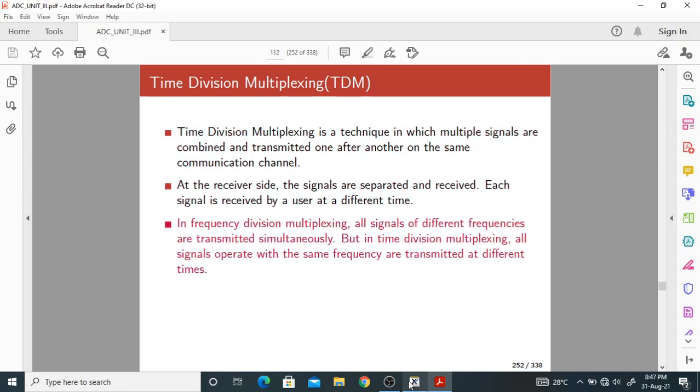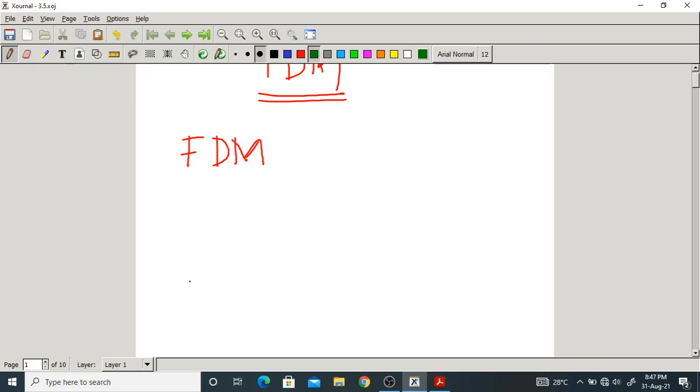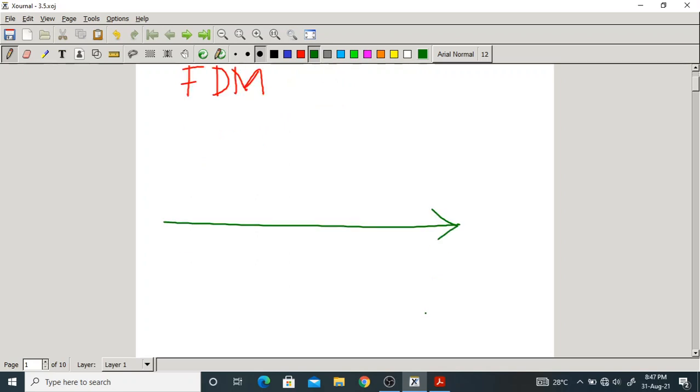In the last class we have seen FDM, frequency division multiplexing. There what have we done? We have transmitted multiple number of signals by sharing the channel. We have modulated this to some frequency fc1, and this to another frequency fc2. Let us take one more signal.